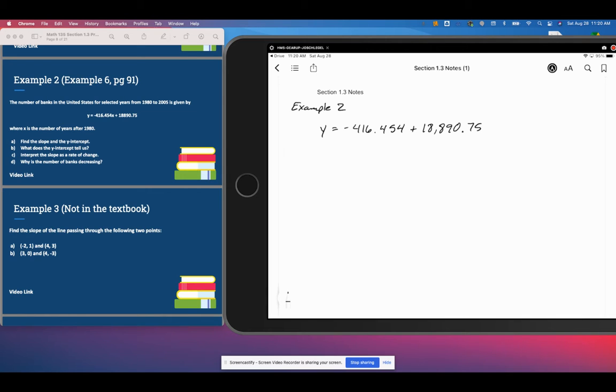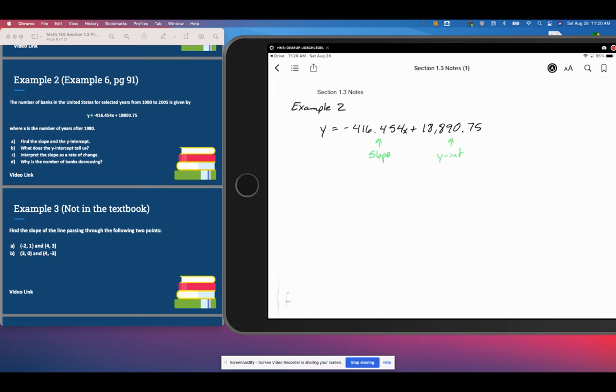And so we are asked to find the slope and the y-intercept, and so hopefully we're able to do that. I did forget to put the x on there after that 4. So good, now we've got that. So the slope is this right here. And the y-intercept, or the initial value, is that right there.